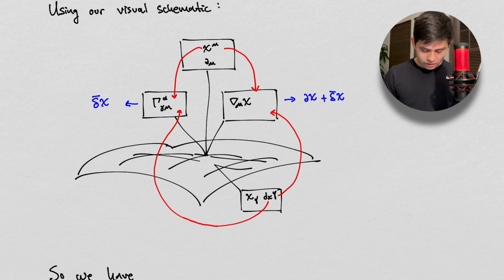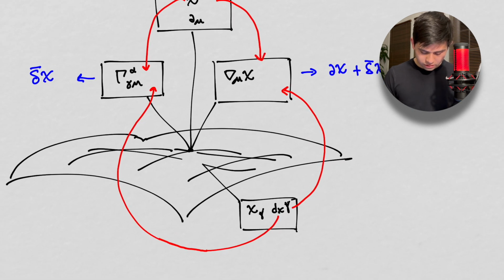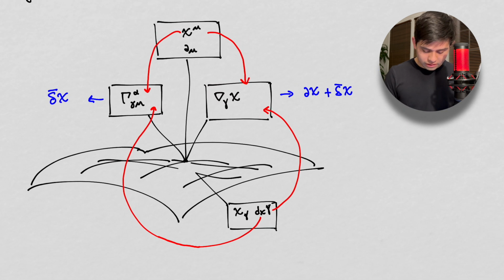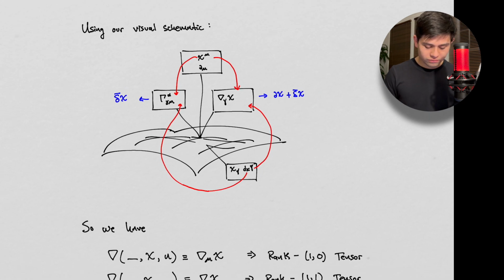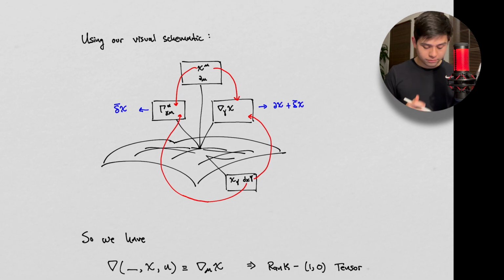And by doing that, right, so this is going to be gamma. We're traveling in the gamma direction, right here. The output of this guy is going to be our complete covariant derivative, right? Because we said that the definition of this was this. Right, so this is this visual schematic that we're looking at.